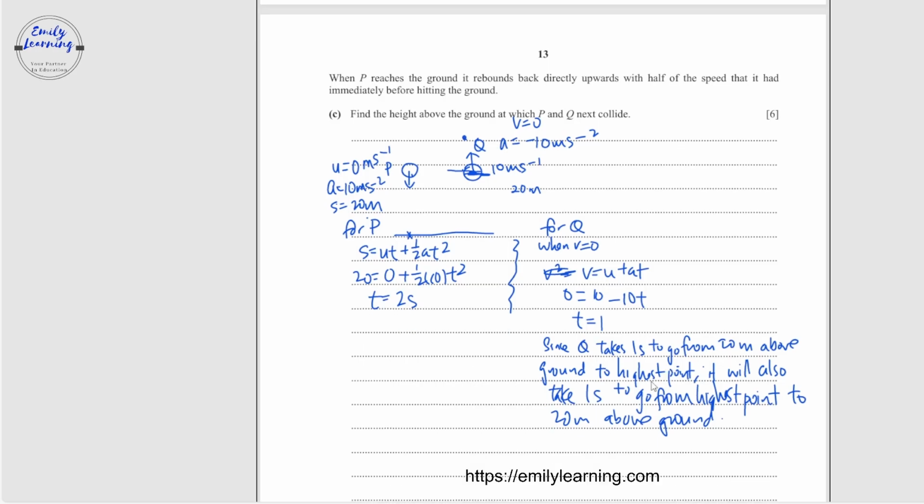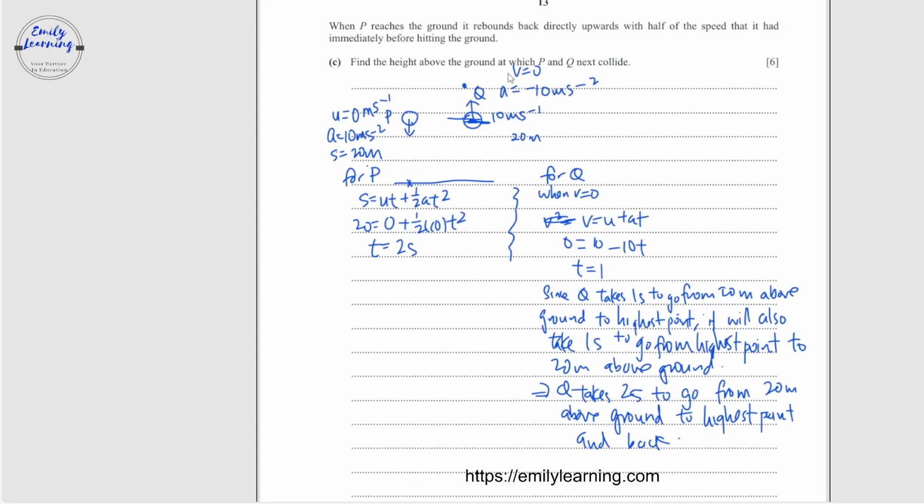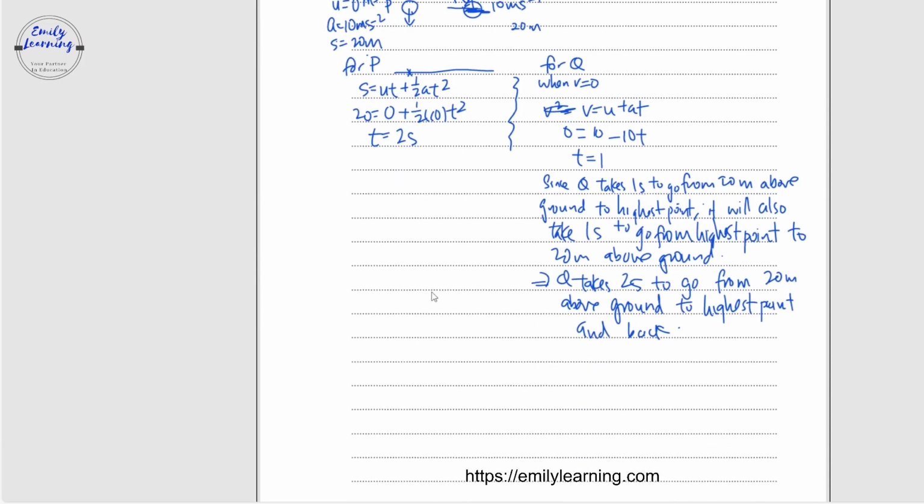So in other words, it takes 2 seconds to go from 20 meters above ground to the highest point and back. That means in 2 seconds, Q went from where they collide to the highest point and then came down. It also took 2 seconds for P to reach the ground.